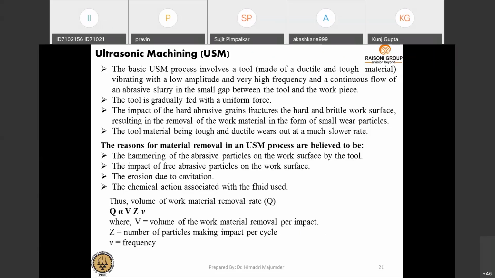If you increase the volume of work material removed per impact, the material removal rate will increase. As well, if you increase the number of particles making impact per cycle, your material removal rate will increase. And if you increase the frequency, the material removal rate will increase.